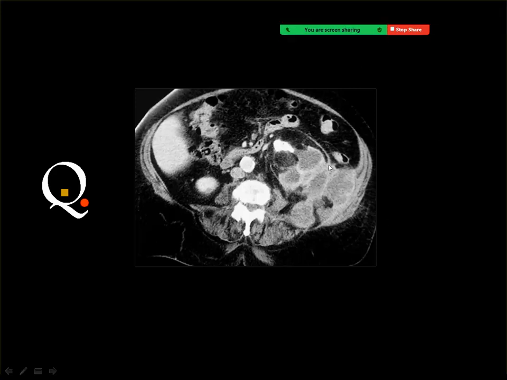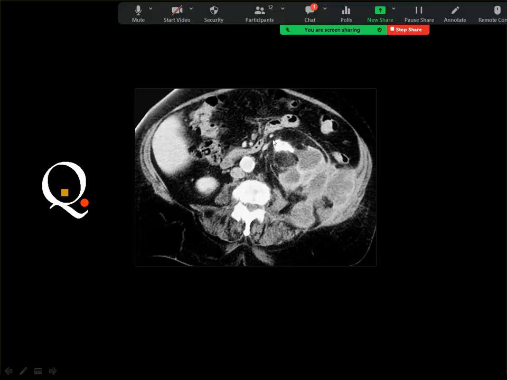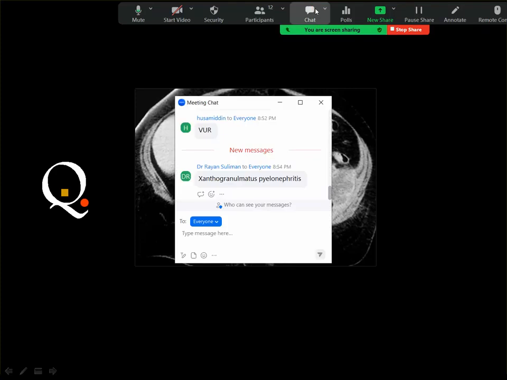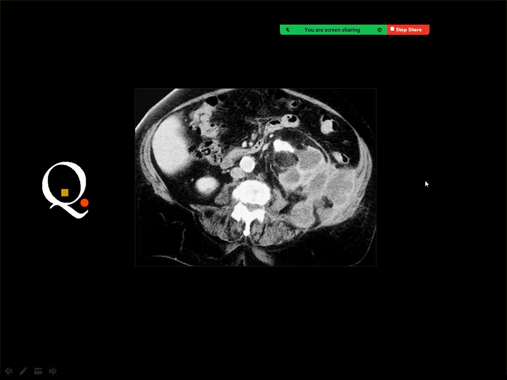Okay, if you look carefully here, you see that this is the left kidney, which is enlarged and mostly replaced by fat, with a big radiopaque stone in the renal pelvis, and then granulomatous pyelonephritis is a good answer, but you should mention that the inflammation has extended into the perinephric, paranephric, and in the posterior abdominal wall in the form of multilocular abscesses.